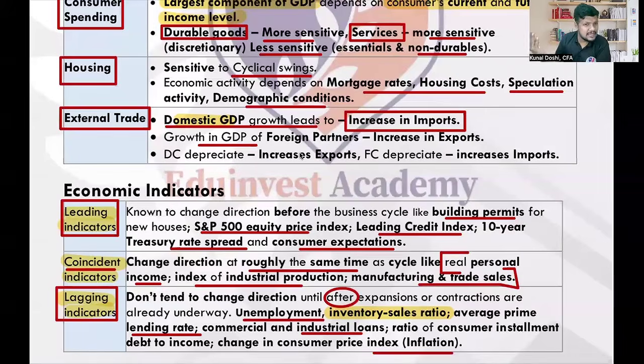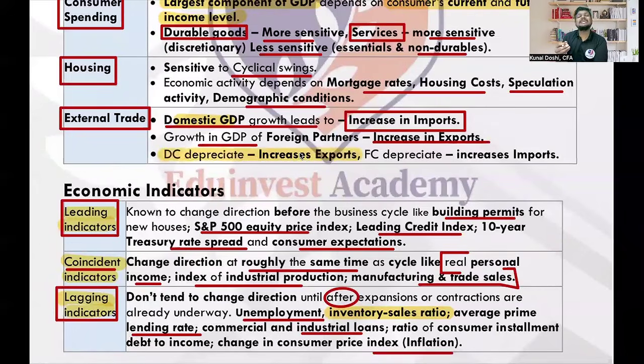If your foreign partner's GDP is increasing, they'll demand more of your goods, so your exports will increase. So guys, if you want to increase your exports, your foreign partner's GDP should increase, isn't it? And if you want to increase your imports, what will happen when our economy grows? Imports will grow. Understood? Now, currency also plays an important role.